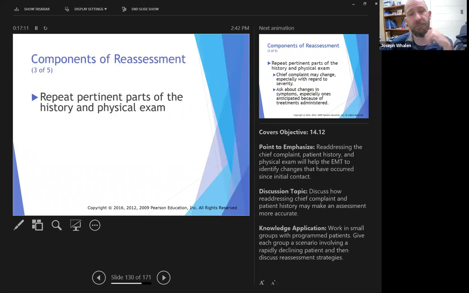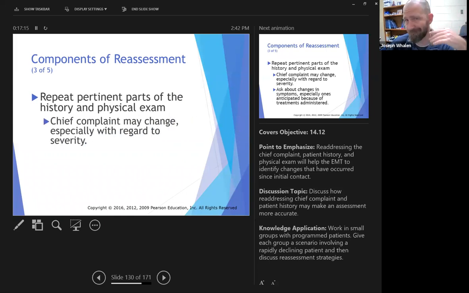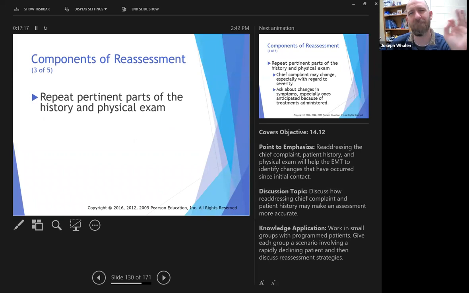Let's see, we're going to repeat the pertinent parts of the history and the physical exam here. And this is where the information from our initial primary assessment and secondary assessment comes into play, because we're not going to have to do the whole thing. We can focus, because this is the second time we're coming through here. We have a lot of information.